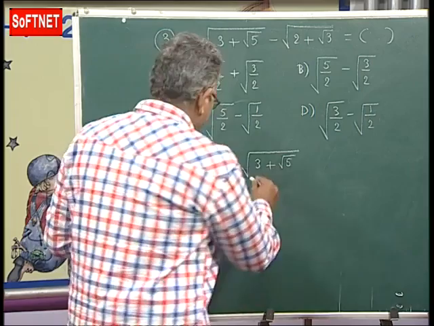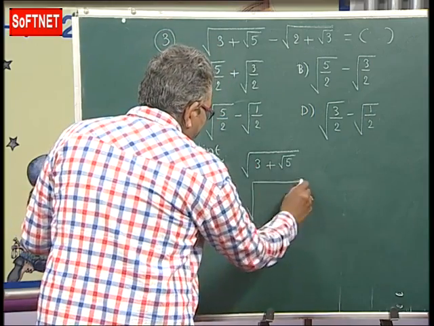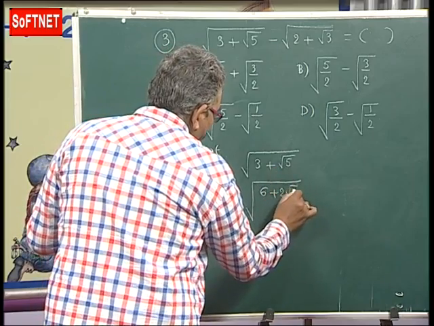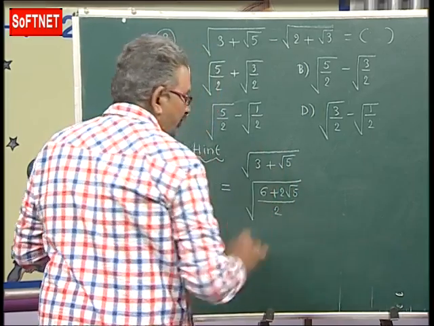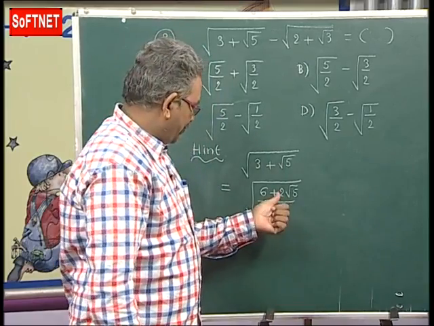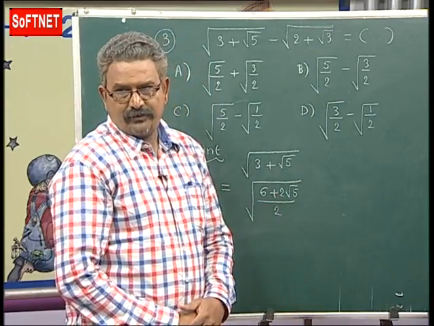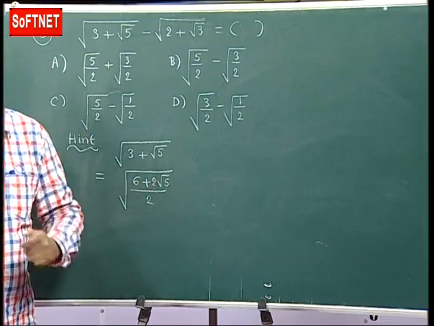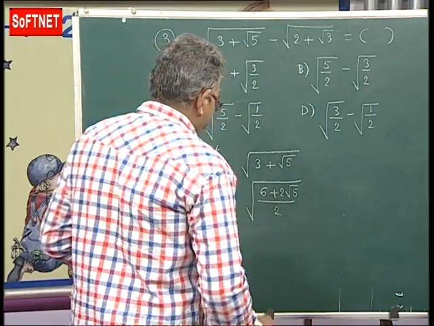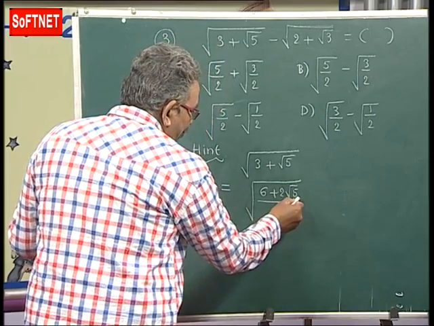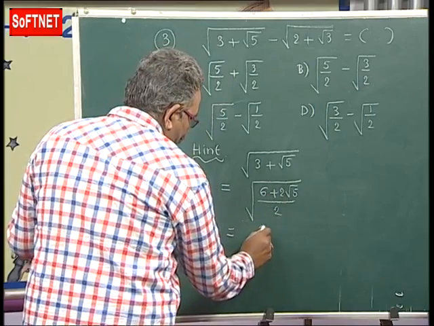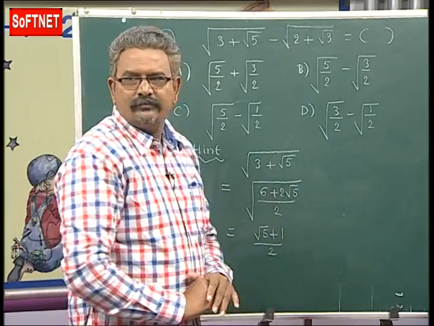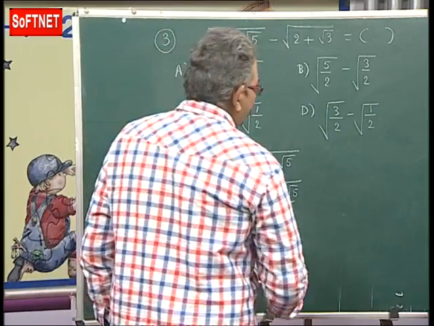So 2 into 3 is 6, 2 root 5 by 2. Here this is numerator and denominator. First let us find the square root of the numerator and then the square root of the denominator. So this equals 5 into 1, 5 plus 1, root 5 plus root 1, root 5 plus 1 by 2.